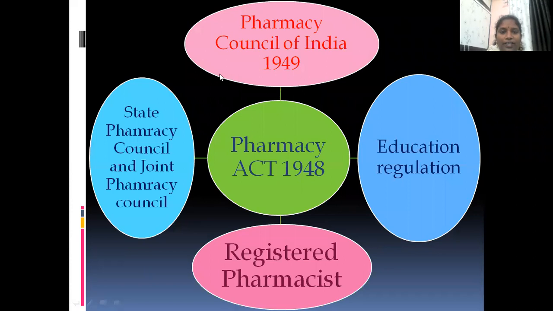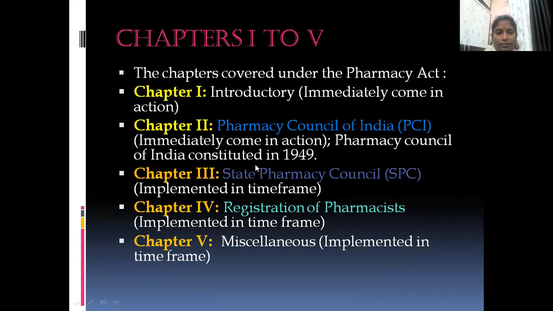The chapters covered in the Pharmacy Act are chapter 1, chapter 2, chapter 3, chapter 4, chapter 5. Chapter 1 contains the introductory part, meaning immediate coming into action. So immediately, what actions do we have to take for the pharmacy profession?